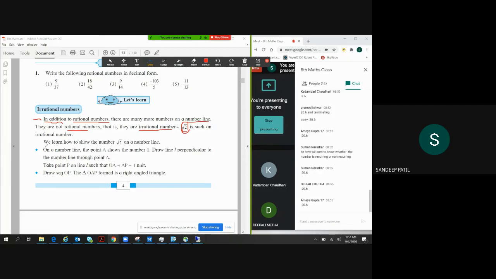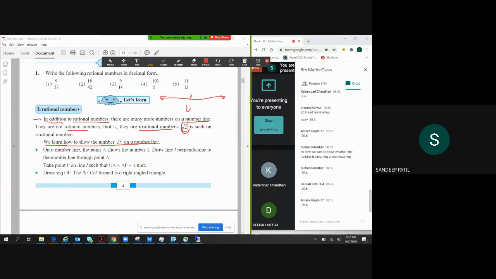So let's learn how to show the number root 2 on a number line. We have seen the number line which starts from 0, 1. On the right side we go 0, 1, 2, 3. On the right side there are positive numbers and on the left side negative numbers. So this is our number line.